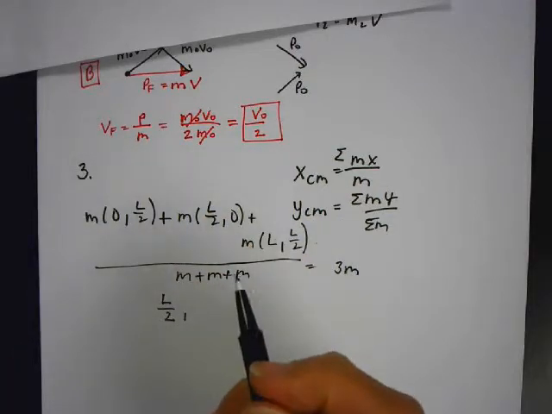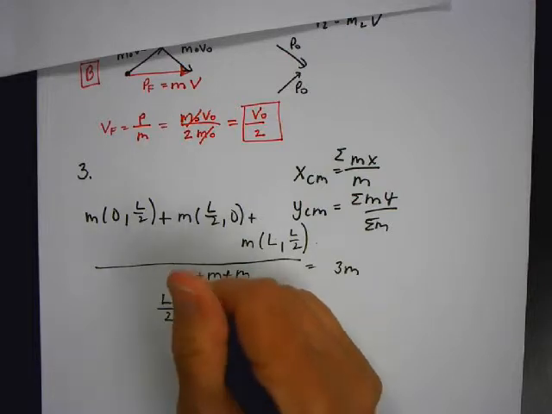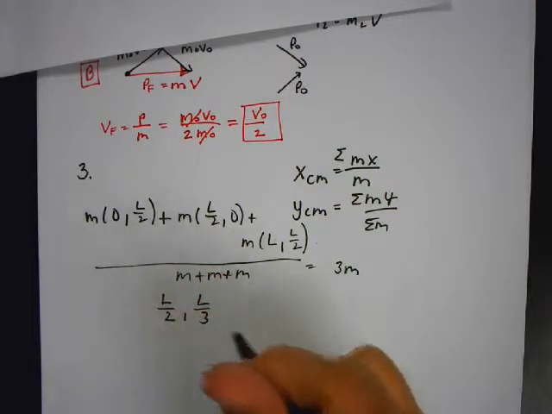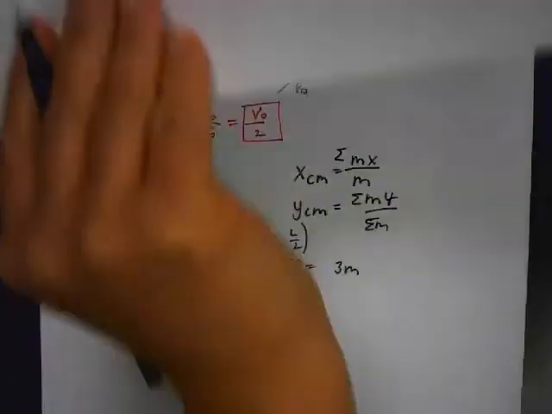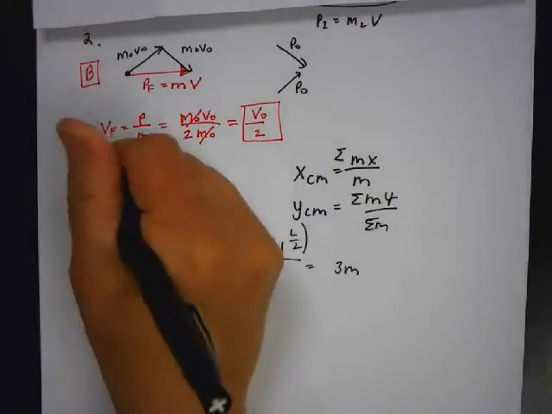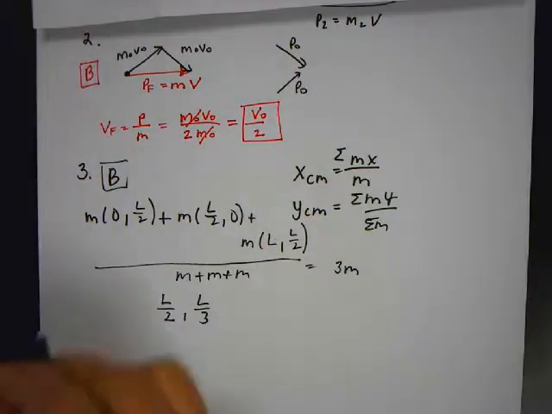So it comes out to be L over 2 times L over 3. So then I have to look at this and see where that is. So the best choice is B. And again, usually the ones they have are a lot easier now.